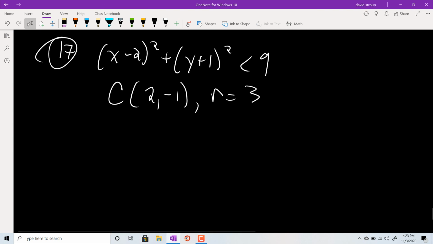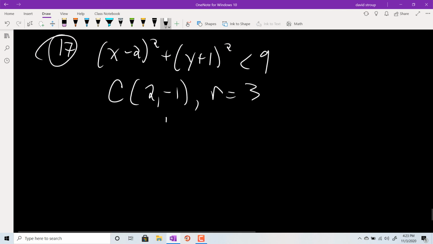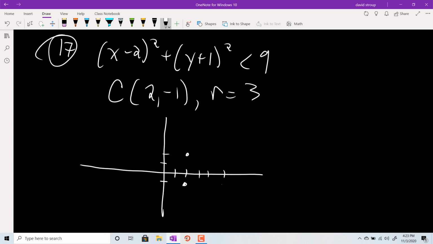So I can graph that. 2, negative 1 is the center, and the radius is 3. I just go back and forth and up and down, 1, 2, 3. It has to be dashed.